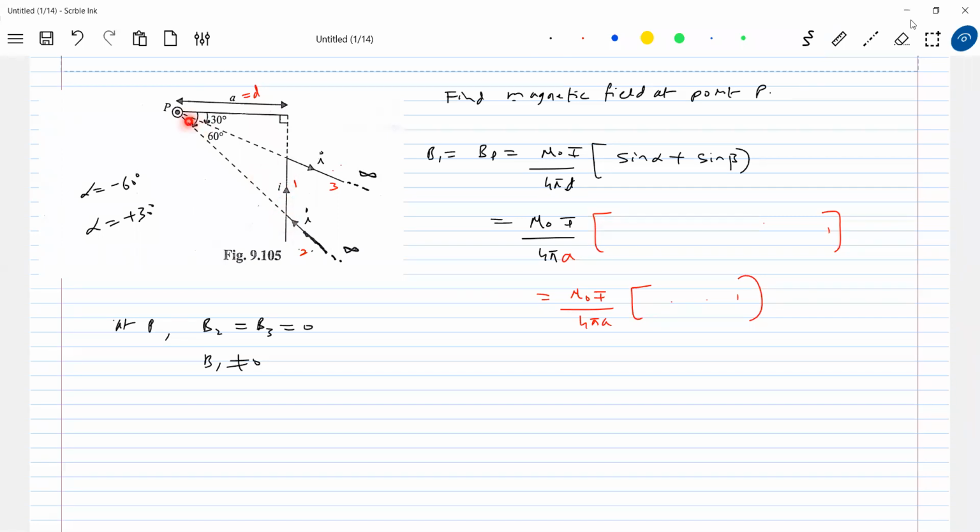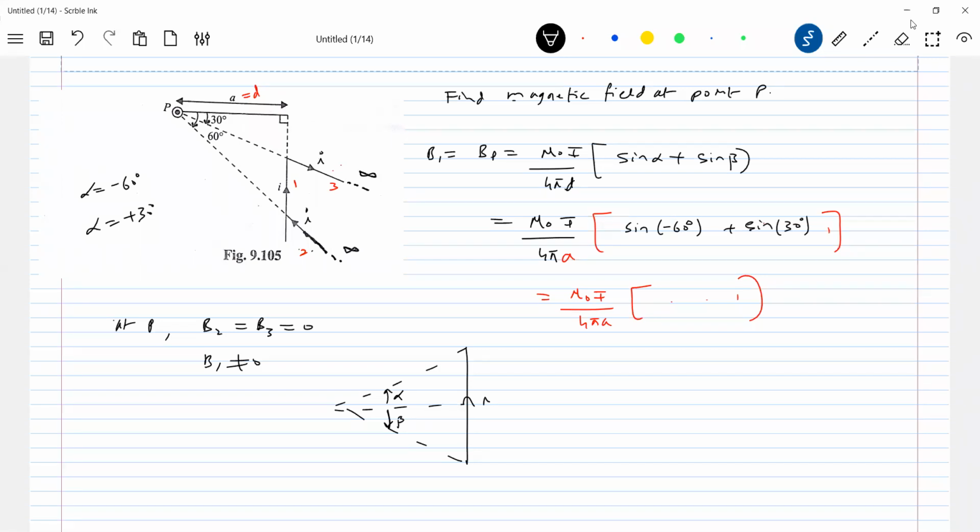So here alpha will come. If you are getting confused, you can do it like this: we take this as alpha and this as beta. Beta is plus 30. What about alpha? Alpha is measured opposite to beta, so alpha will be negative now. So this will be sine of minus 60 plus sine 30.